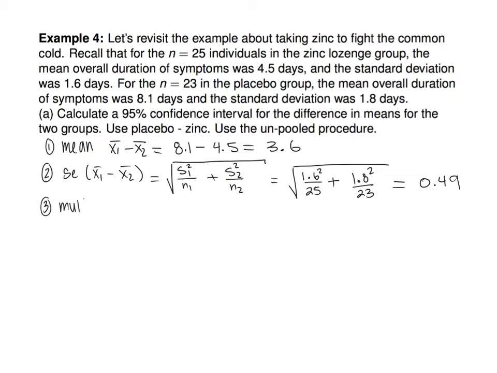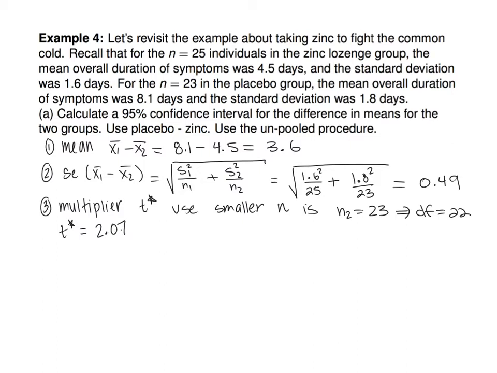Next, we need the multiplier. We use the smaller n to get the degrees of freedom. The smaller n is n2, which is 23, so our degrees of freedom is 22. The t star we have to use here is 2.07.